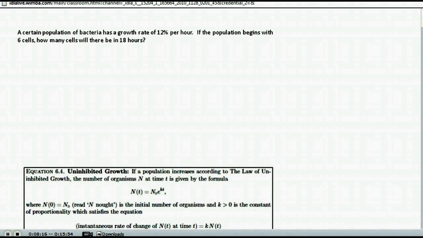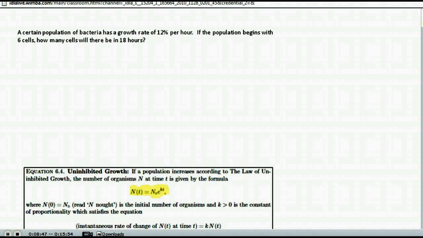All right, we can use this in science problems also. It's called uninhibited growth, and notice we have the formula down here. This is straight out of your books. The amount of organisms, notice this is very similar, N of t instead of A of t, is given by N with the little 0, which means the initial amount of the population, times e to the k times t.